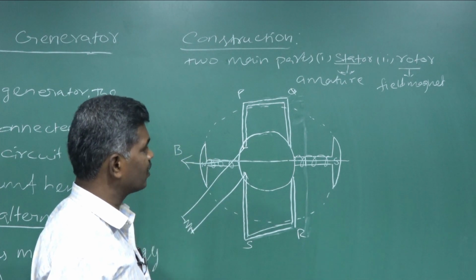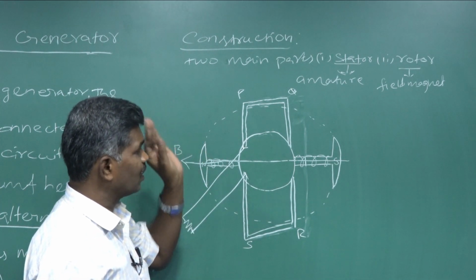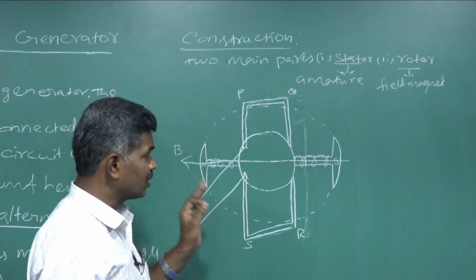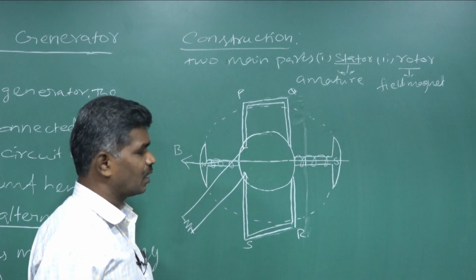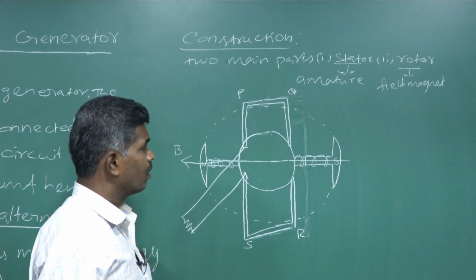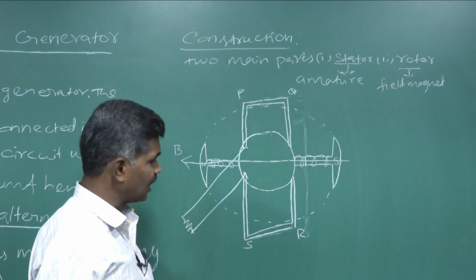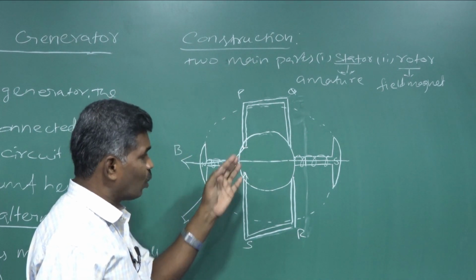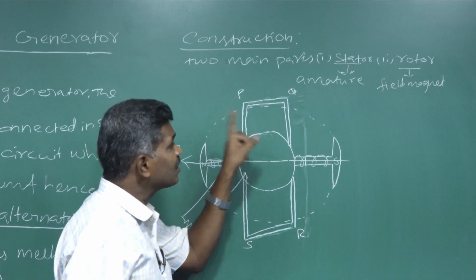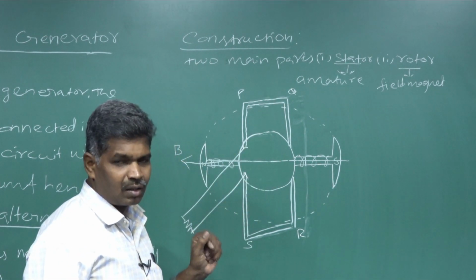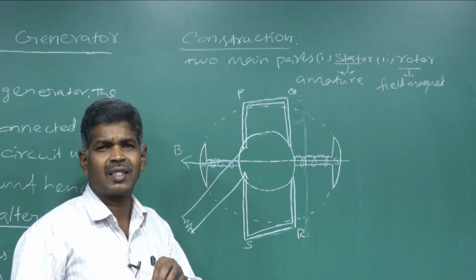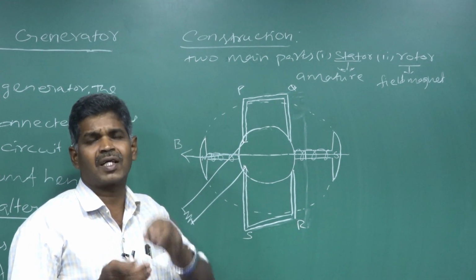Two main parts we have, stator and rotor. The field magnet acts as the rotor, and the armature coil acts as the stator. When that rotor is rotated in the static armature coil, the coil is linked with a change in magnetic flux with respect to time.